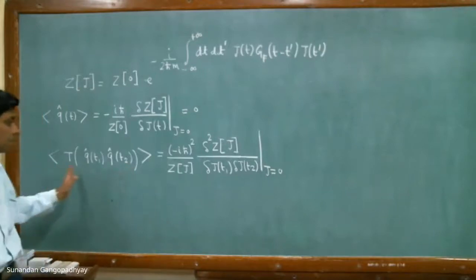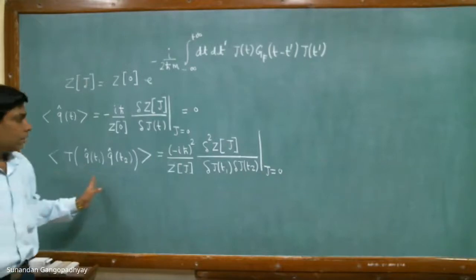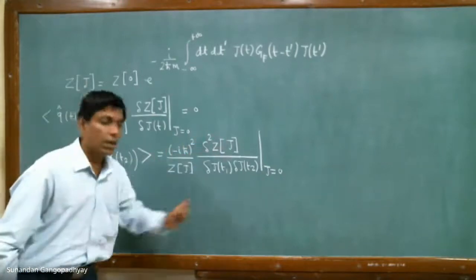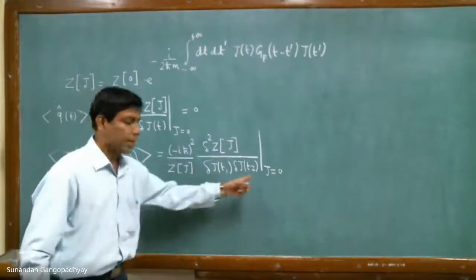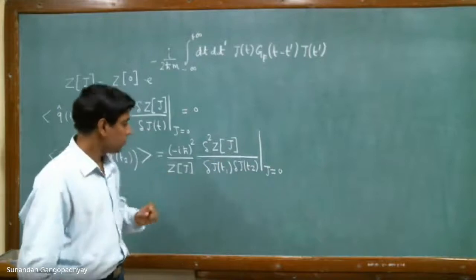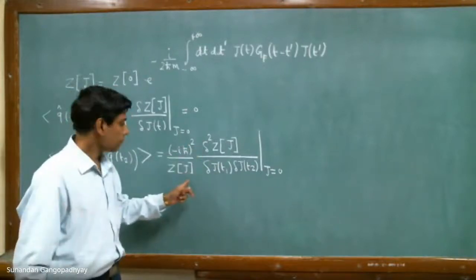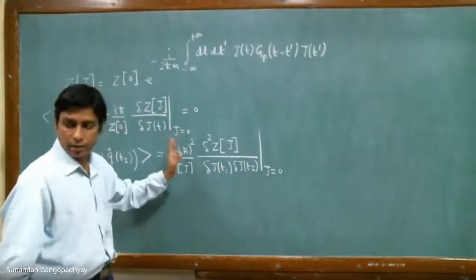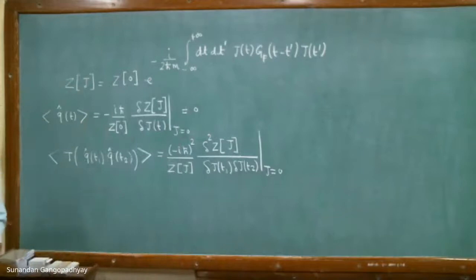And we have seen that you can get this two-point function by functionally differentiating the generating function Z of J twice with respect to the external source, then dividing by Z0, multiplying by a factor, and at the end of the calculation taking J equal to 0.